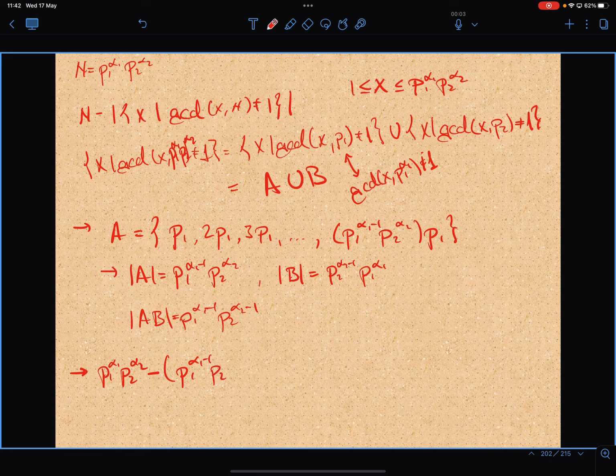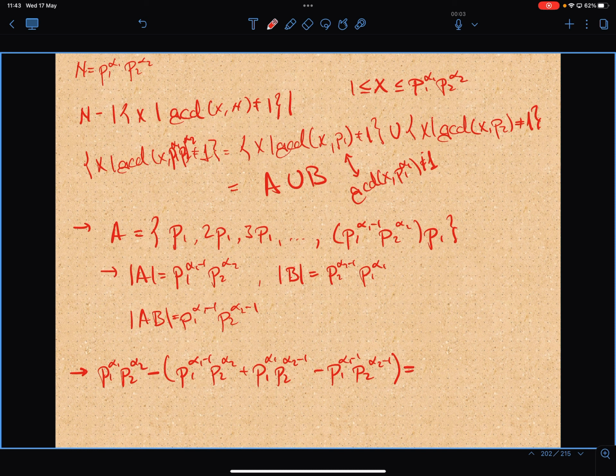So we do the cardinality of each one minus the cardinality of the intersection.